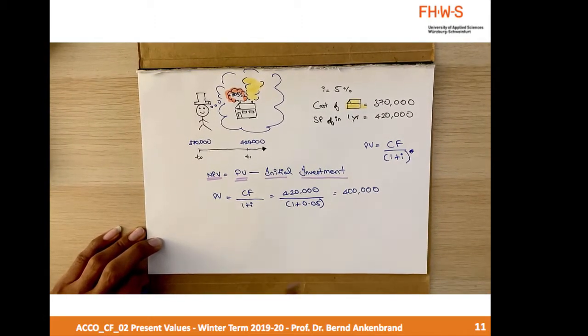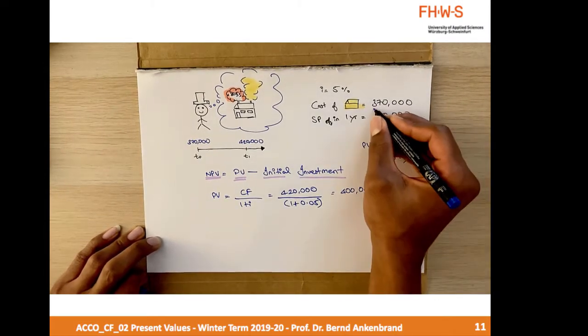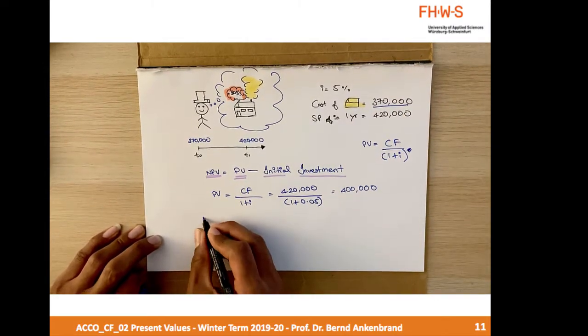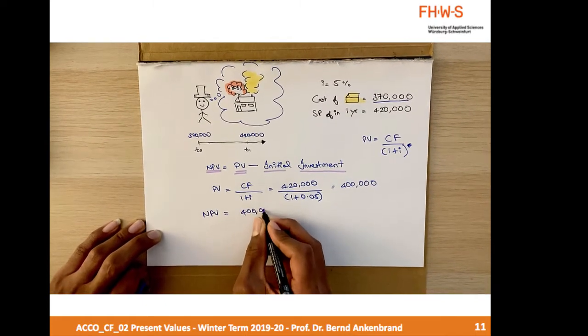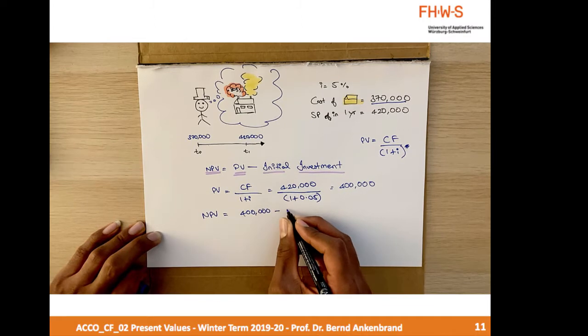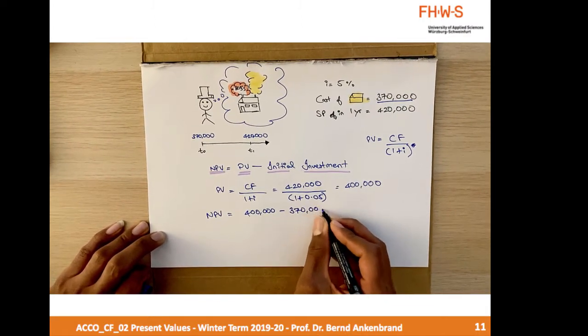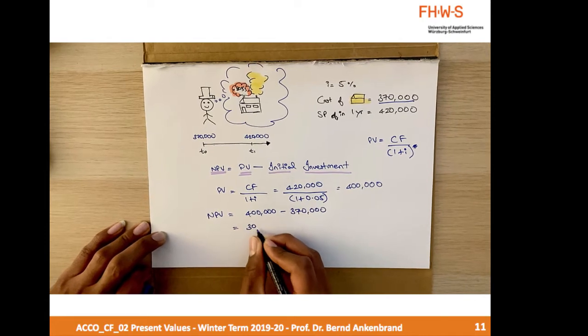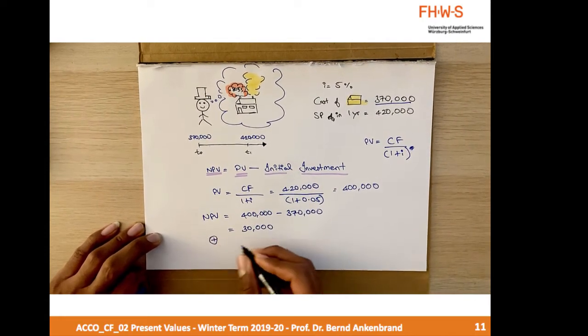Now, the present value is 400,000. And we have the initial investment, which is equal to 370,000. So what is NPV? It's 400,000 minus 370,000, which is equal to 30,000, which is good because it's a positive number.